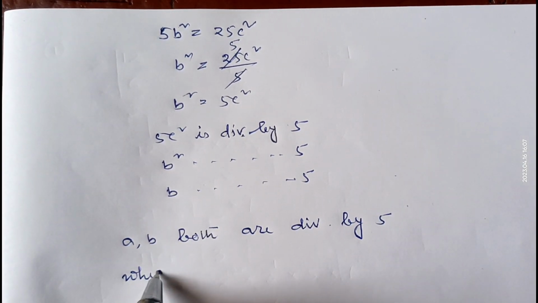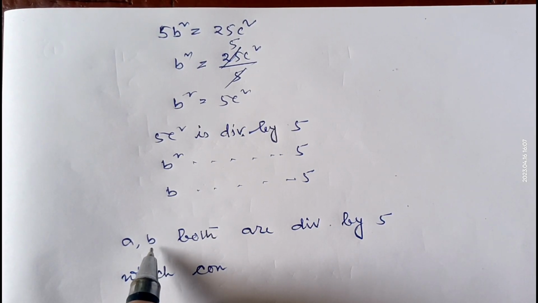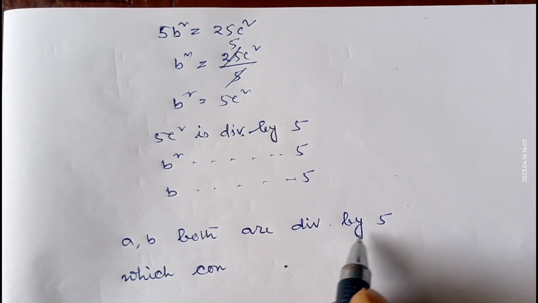Which contradicts our assumption. Because we have assumed that both a and b are co-prime integers, and here we found that both are divisible by 5.